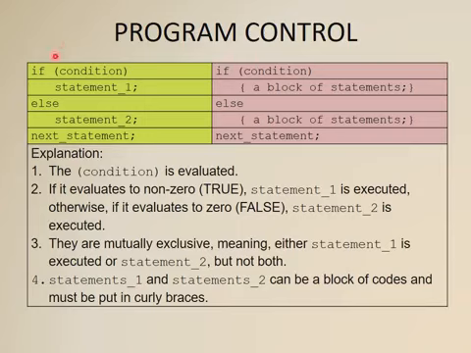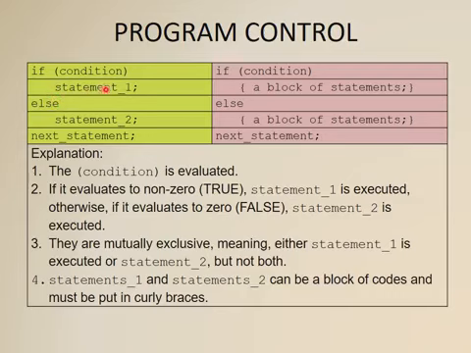Then comes the if else statement. So what is if else? It is the same as an if statement, but here there is one else part. If the condition is true, then your statement 1 will be executed. Otherwise, if the condition is false, then it will go into the else part and statement 2 will be executed. So if the condition is true, the else part will be skipped, and if the condition is false, then your statement 1 will be skipped.